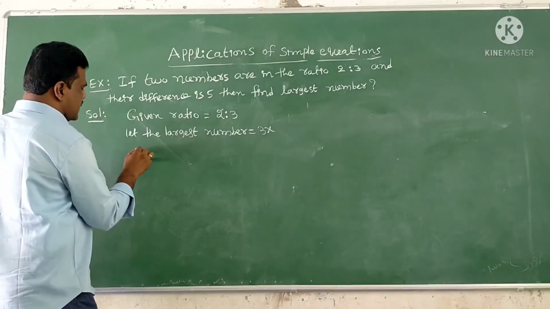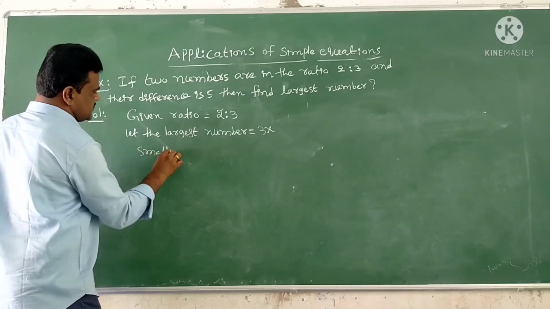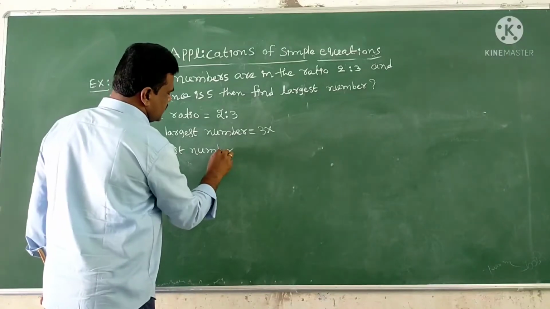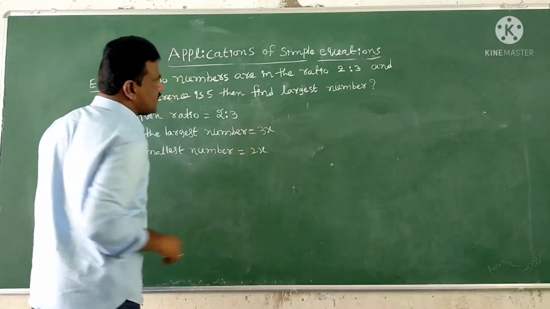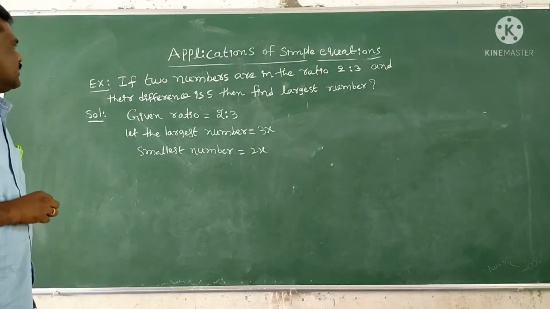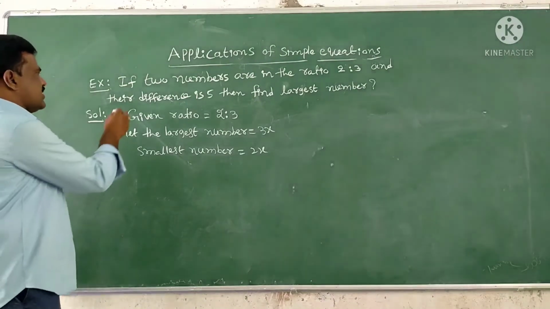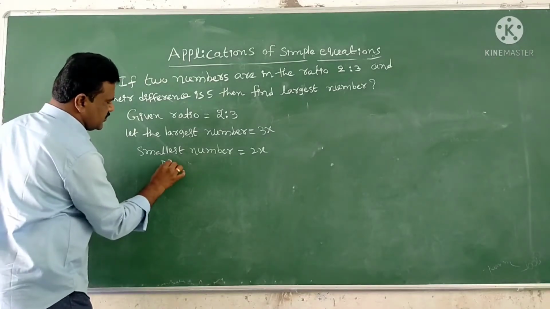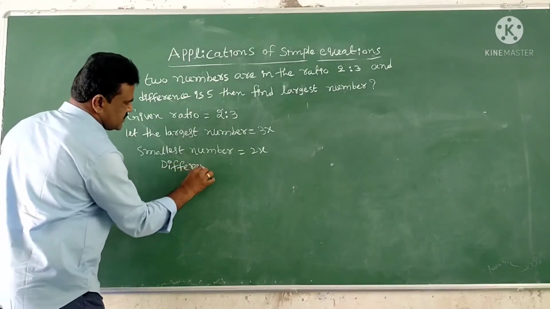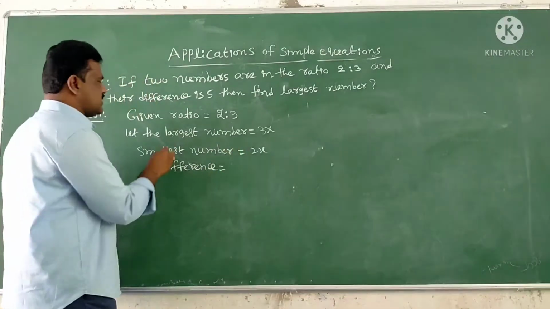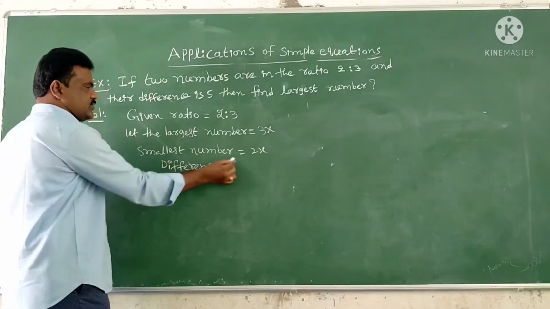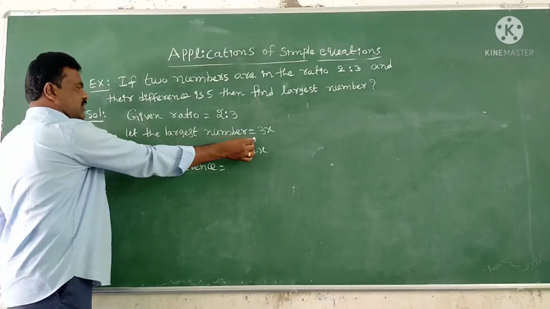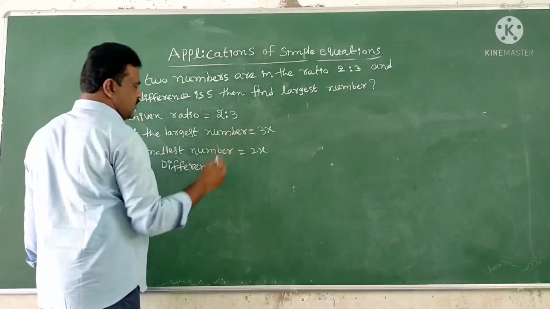Then smallest number, what is the smallest number, children? Yes, smallest number is equal to 2x. Here what is given? The difference of two numbers is given. So difference is equal to largest number minus smallest number.